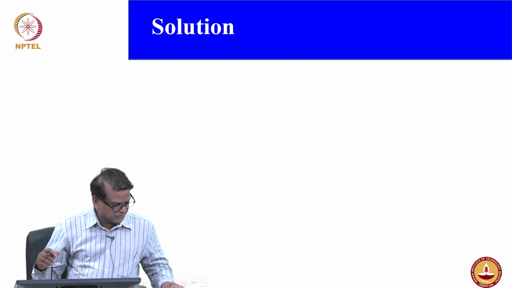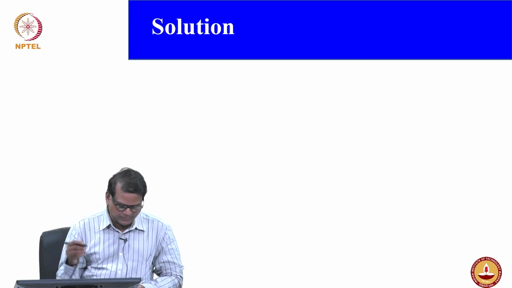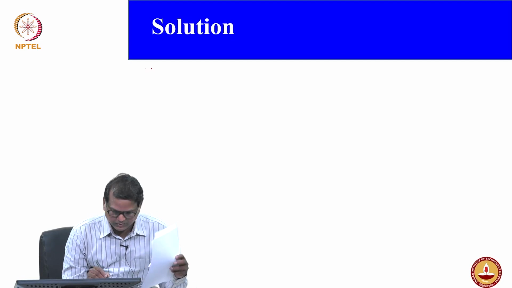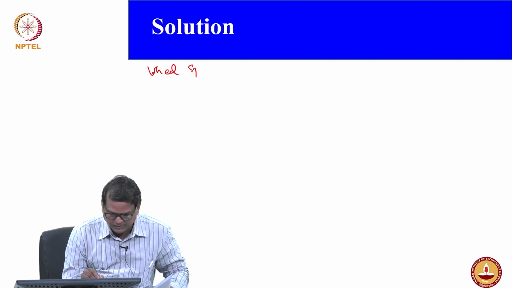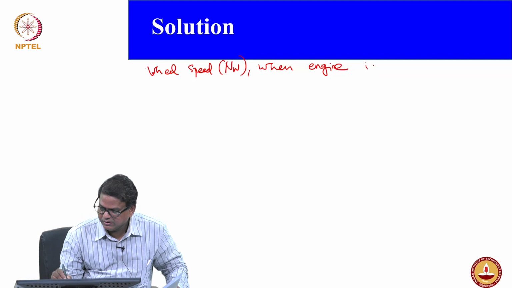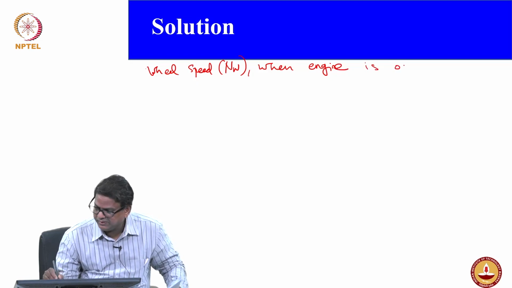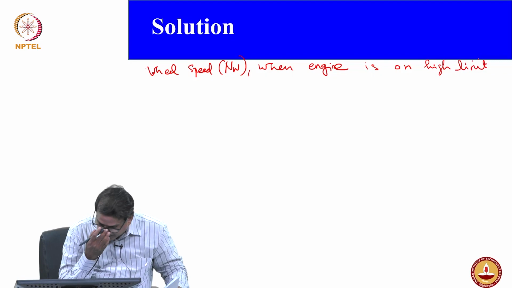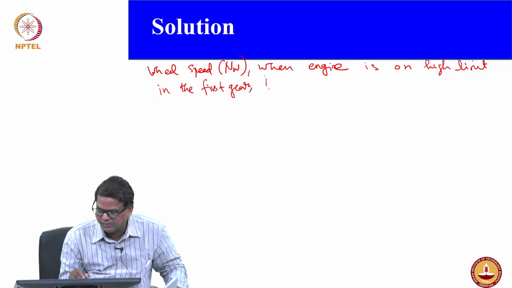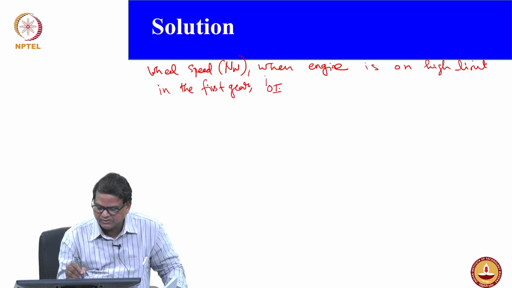So when speed, I am talking about wheel speed for the first gear, Nw, when the engine is at the high limit speed in the first gear, I am talking about the overall ratio, Io, this is the first.